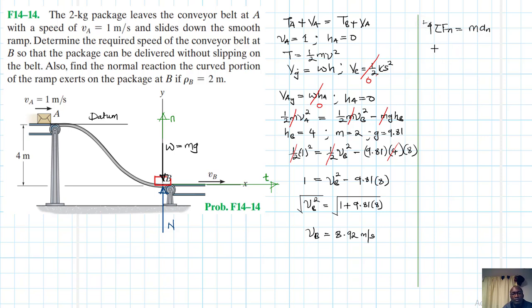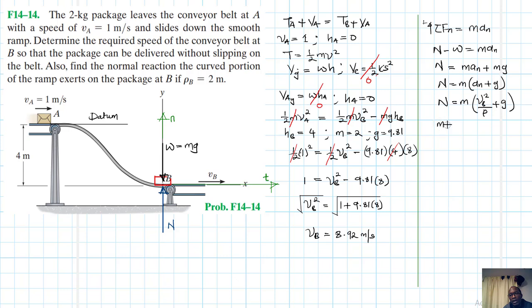So we have N minus W equal to m a_n, and our N therefore becomes m a_n plus mg, which is m times a_n plus g, and that is VB squared divided by rho plus g.